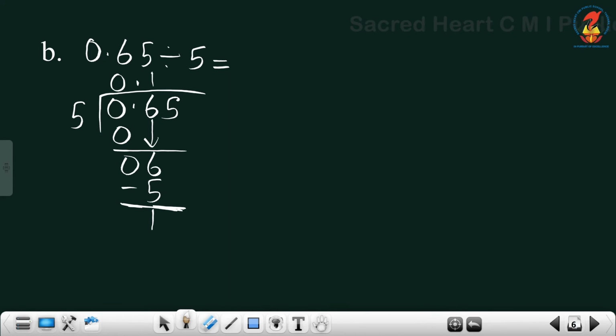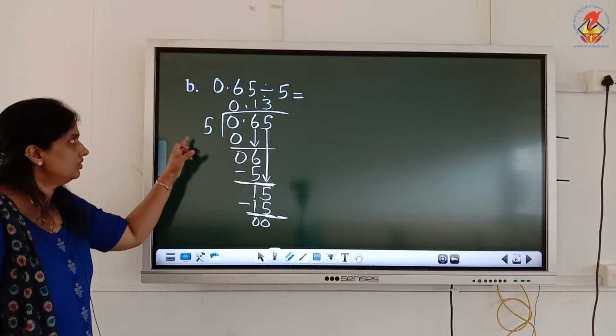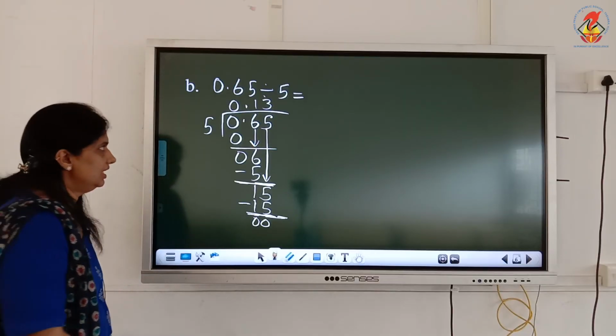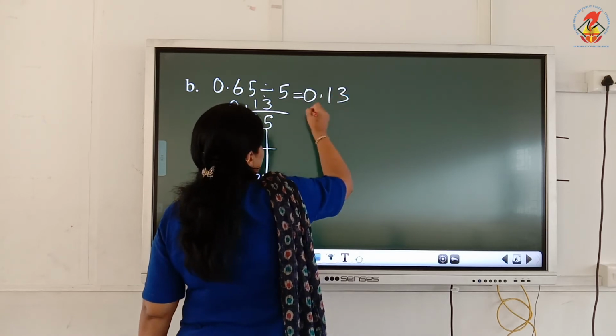Okay, remainder is 1. And I need to take the next digit down, 5. And 5 3s are 15. And the remainder is 0 only, right? Here we don't have any problem because the remainder is 0. So the answer is 0.13 only, right?